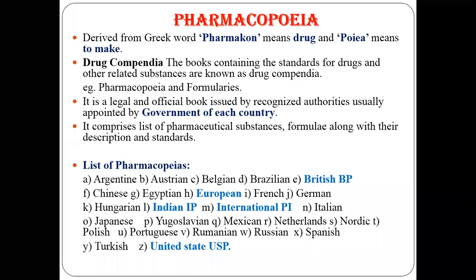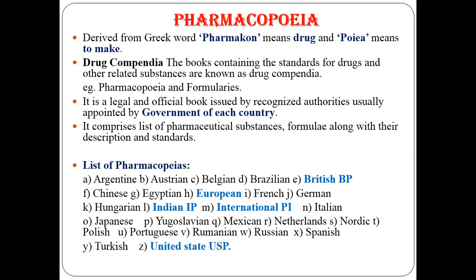Now our basic aim is the study of pharmacopoeia. Pharmacopoeia is one example of compendia, and it is a bunch of papers containing the list of drugs, information on the drugs, and information on pharmaceutical substances which are required from time to time for the preparation of dosage forms. Now the list of pharmacopoeias.